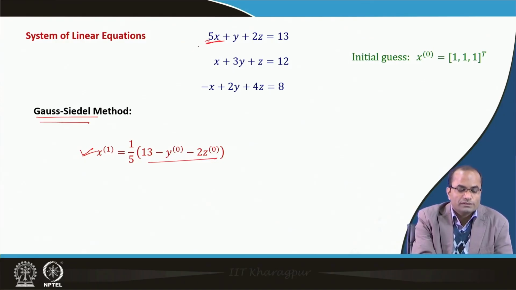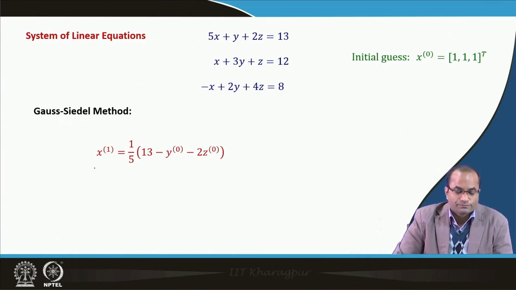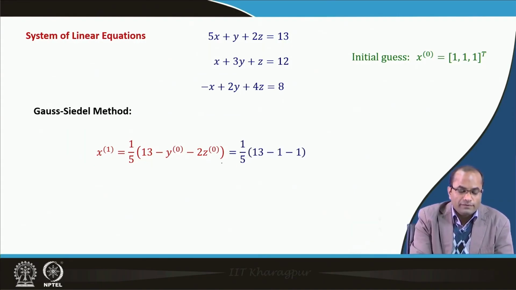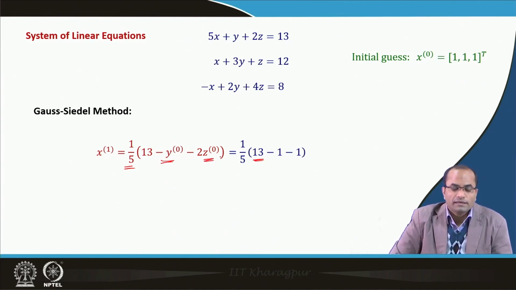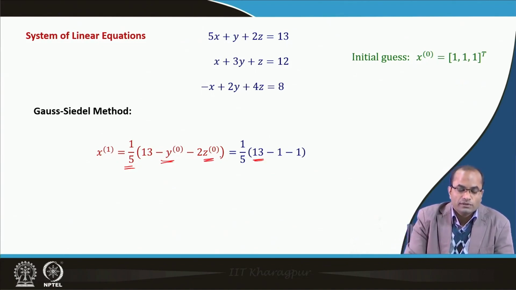So, from this equation we will write this as x 1 is equal to 1 by 5, and this y minus 2 z will go to the right hand side. So, we will have this iteration scheme, and then we have this 1 by 5 and 13, and since now we have only available values as the starting values, starting guess, we can plug here 1 and then minus 1.